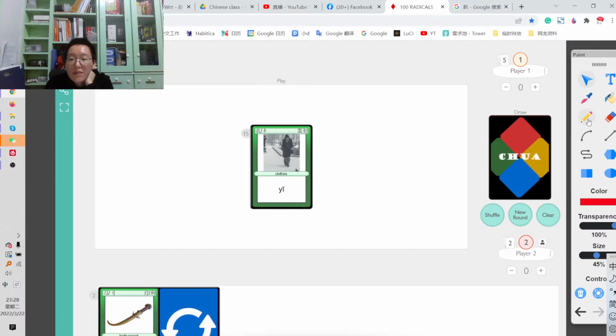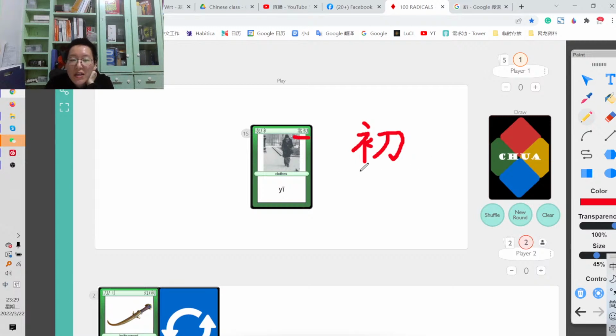This one, E. E example character a little bit difficult, so I only explain the second one. This one on left part is E radical, and on right part it's Dao radical, means knife. Great.